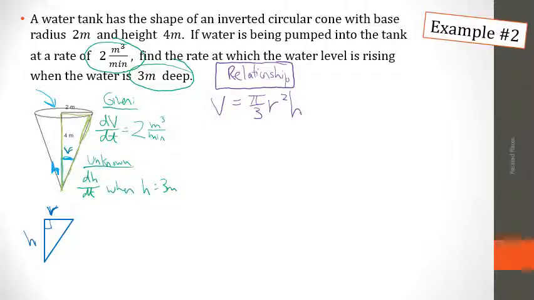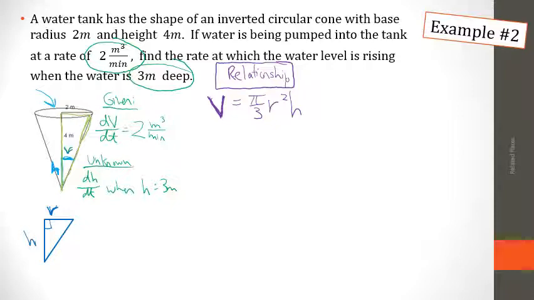Now, at this point, you would usually take the derivative with respect to time, but we have a little problem here. Look at our relationship. It has two variables. When we take the derivative, we're going to end up with a dV/dt, a dr/dt, and a dh/dt. Because we have two variables multiplied together, we'd have to do the product rule, and within the product rule, do the chain rule.